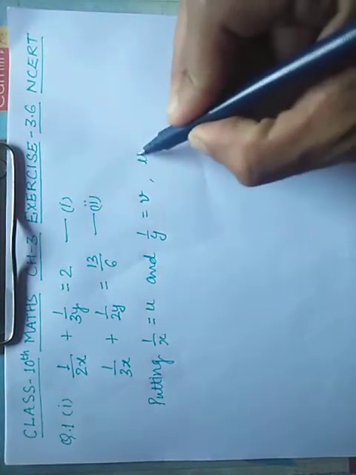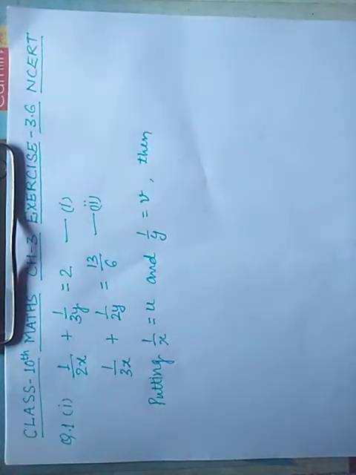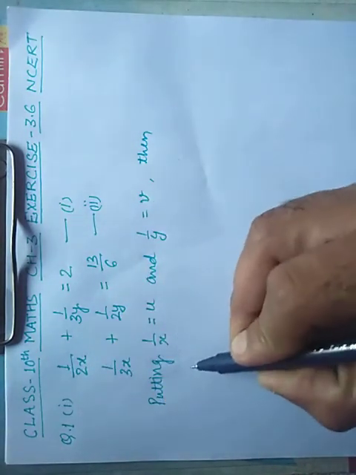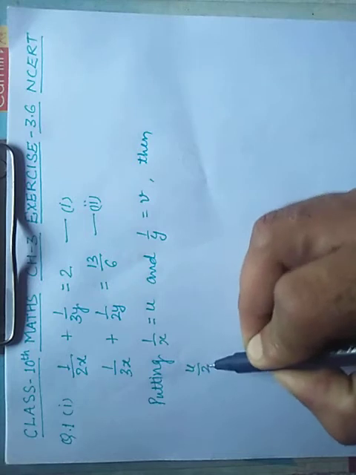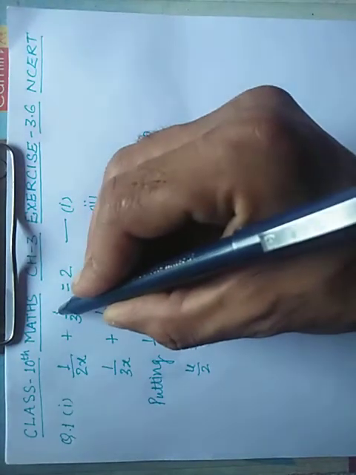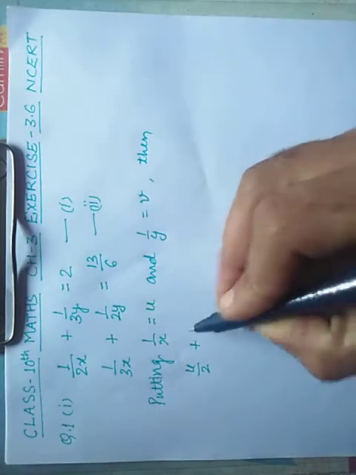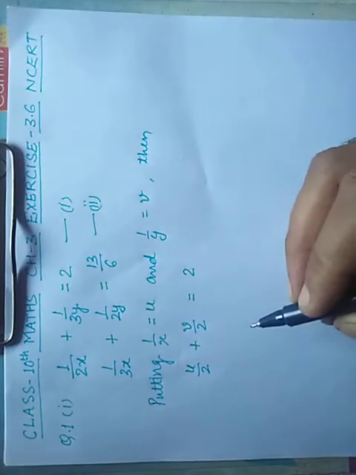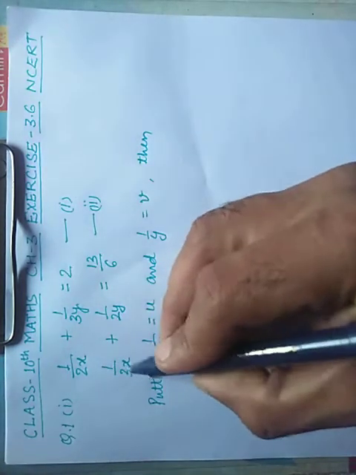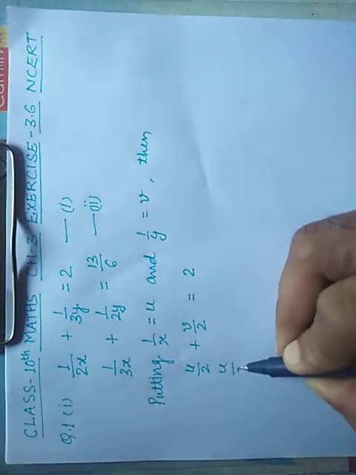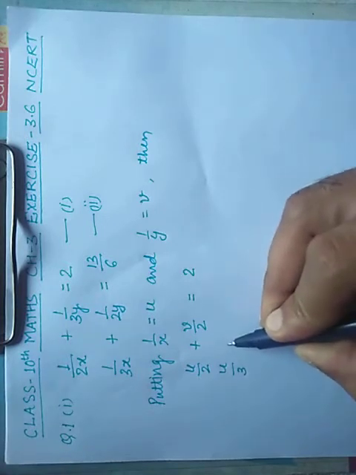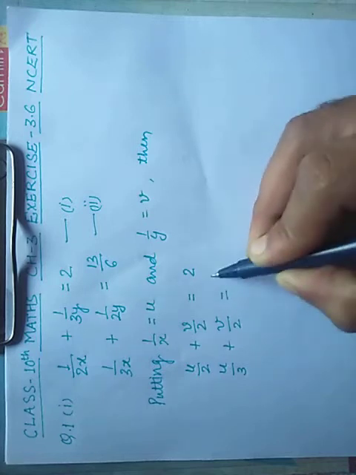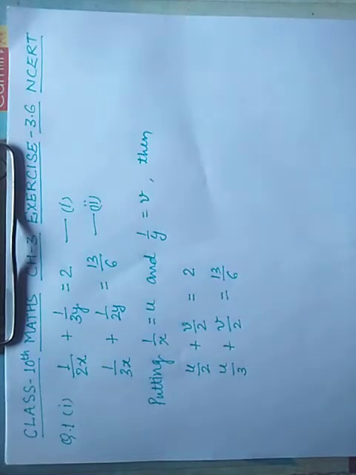Then equation 1 and 2 becomes: 1 upon x is u, so it will become u upon 2, plus 1 upon y is v, so it will be v upon 2, is equal to 2, and here it is u upon 3 plus v upon 2 is equal to 13 upon 6.